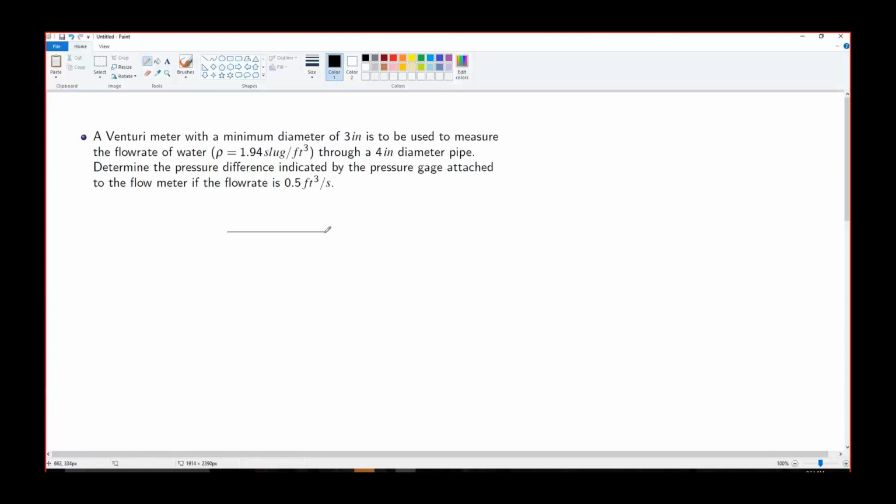This is your actual pipe, which has a diameter of 4 inches. In this pipe, what you do is place a Venturi meter whose area decreases like this and then comes back to this.